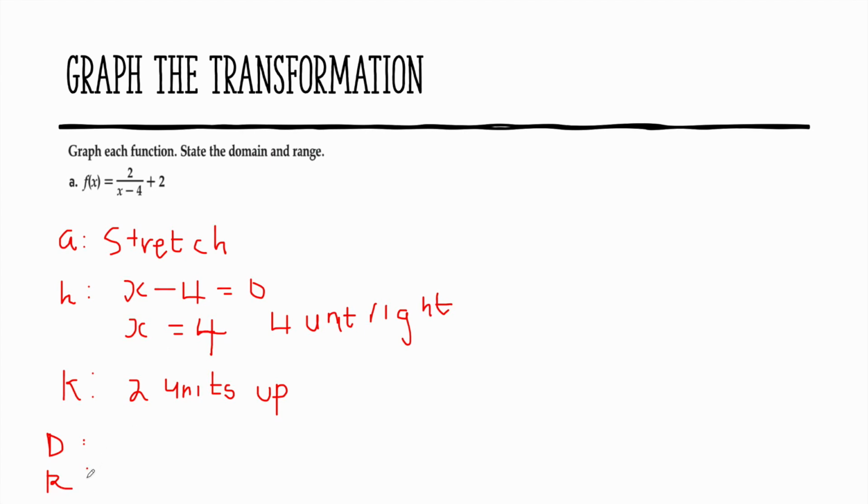So the domain will be all real numbers but not equal to 4. And then our range also all real numbers not equal to 2. So now I have all the information that I learned about. Now I can do my graph.